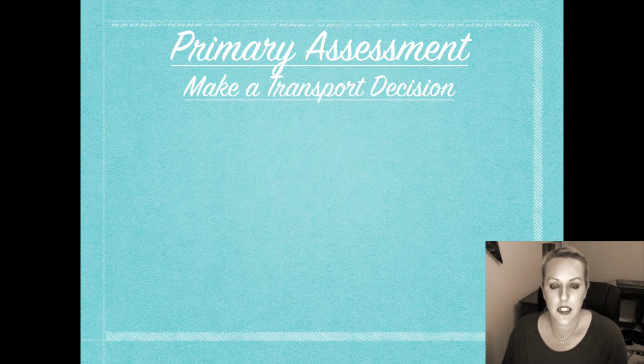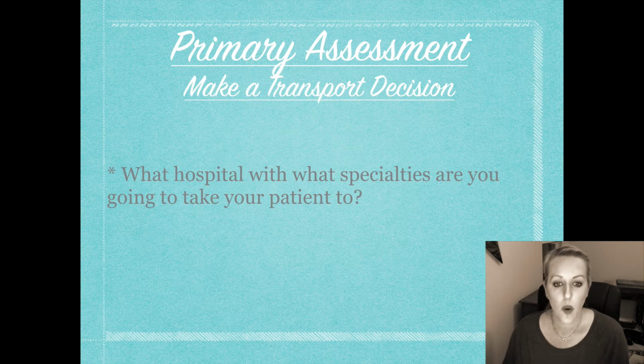So at this point, we need to make a transport decision. What hospital with what specialties are we going to take our patient to? If they're having a stroke, it needs to be a stroke hospital, so they have to have a CT scanner. If it is a multi-system trauma, we need to take it to a trauma hospital. If it is a heart attack, we need to take it to a place with an interventional cath lab.